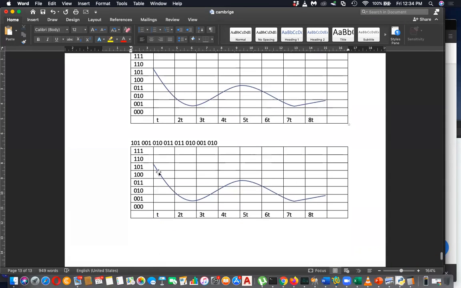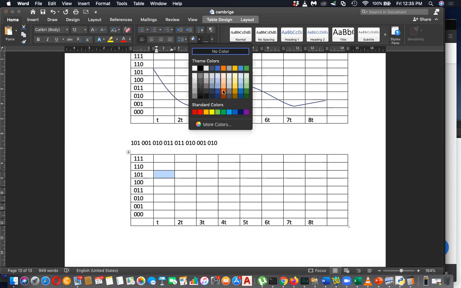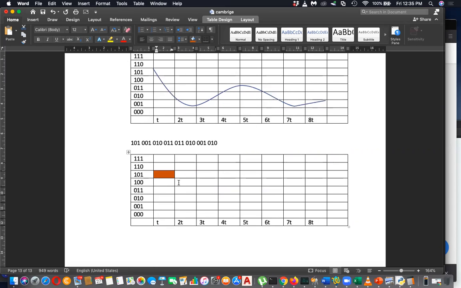After writing this, let me erase this and mark this in this chart. 101 is this one. I'm going to color this orange. Then the next one is 001. 001 is this one. Next one is 010. 010 means this one.